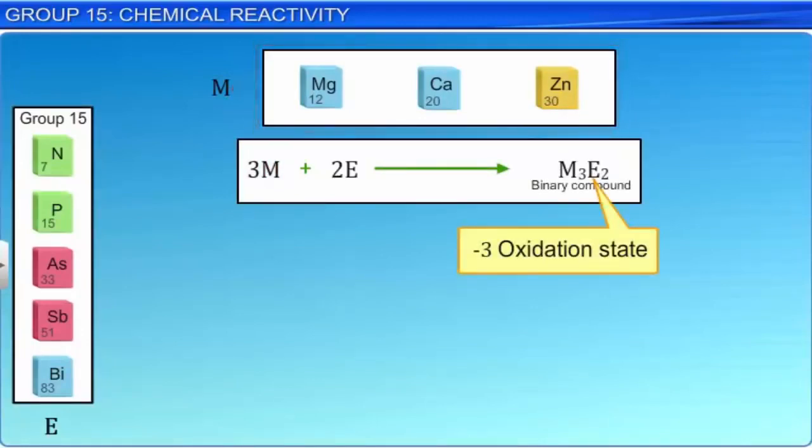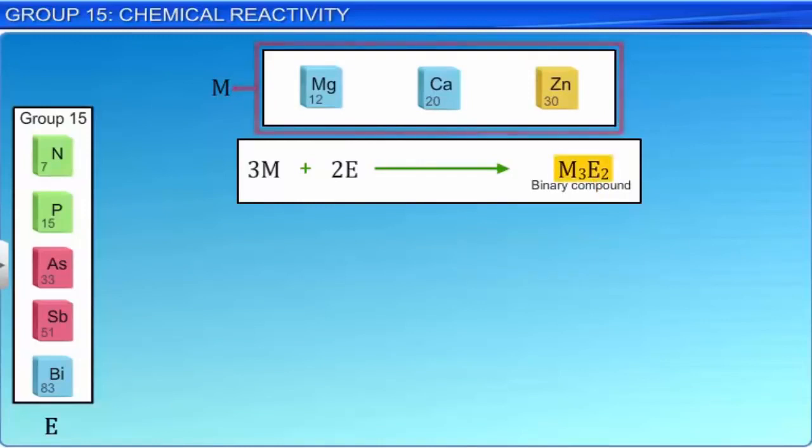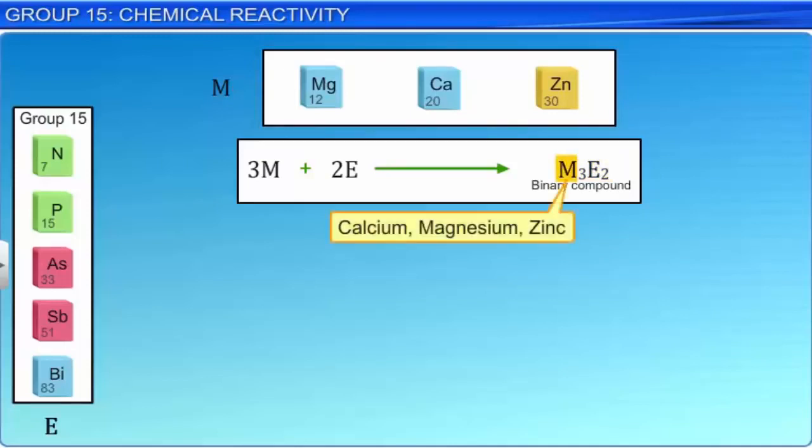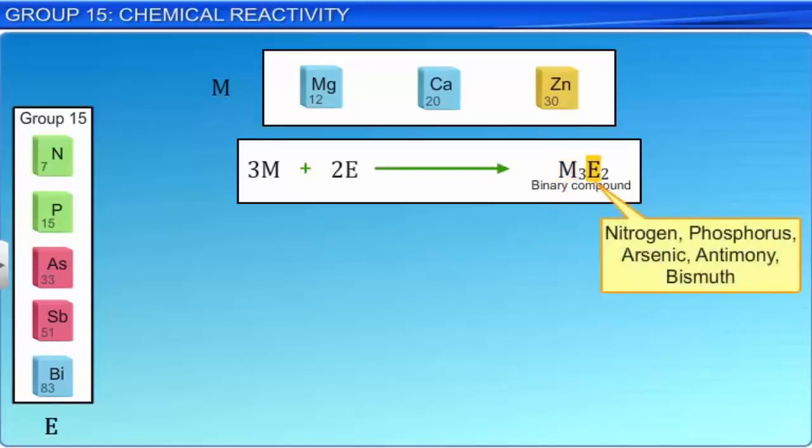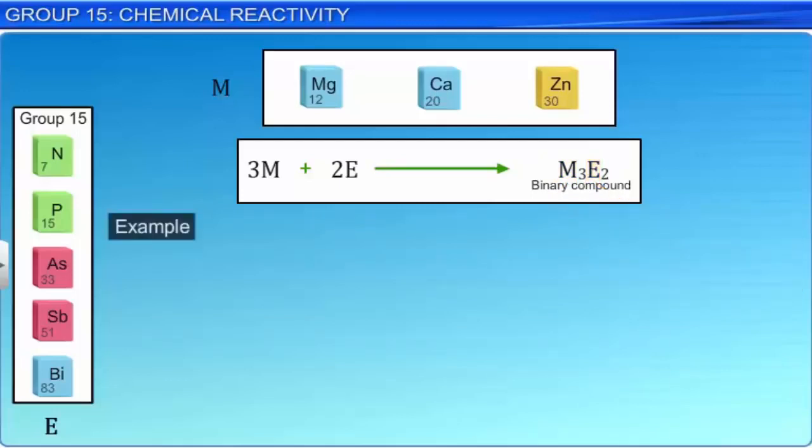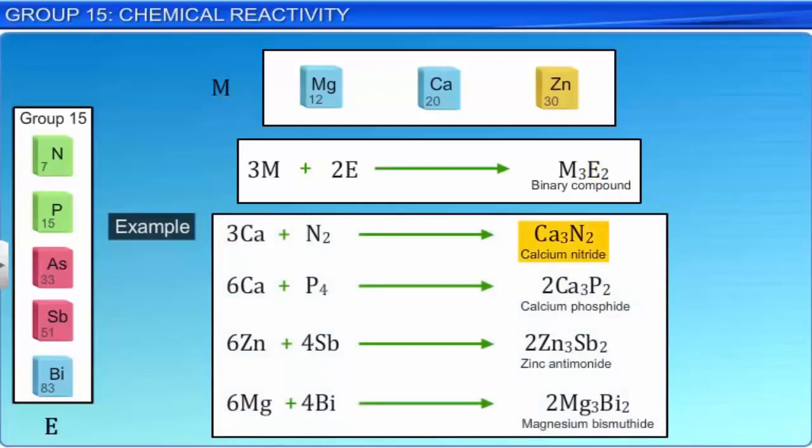Here, M stands for metals such as calcium, magnesium, or zinc, while E stands for an element of group 15. For example, calcium nitride, calcium phosphide, zinc antimonide, and magnesium bismuthide.